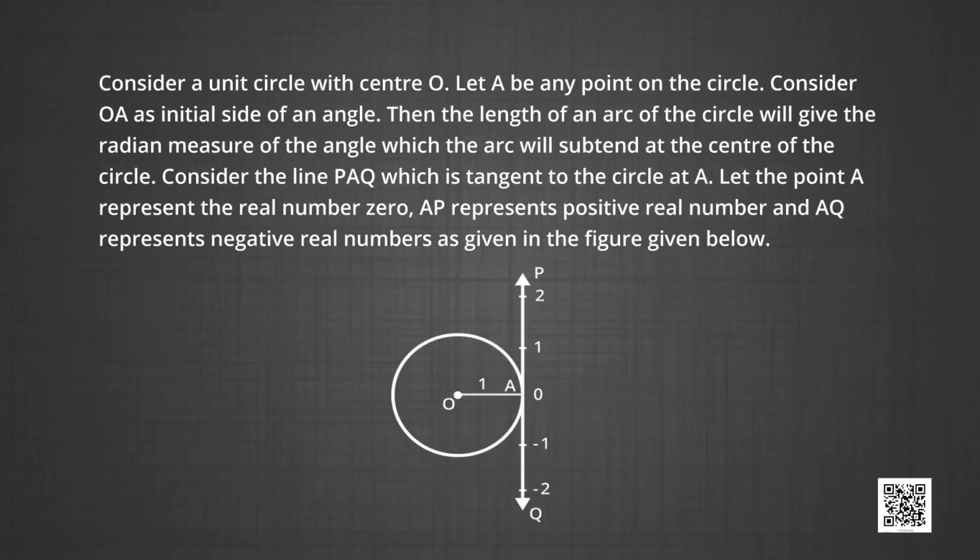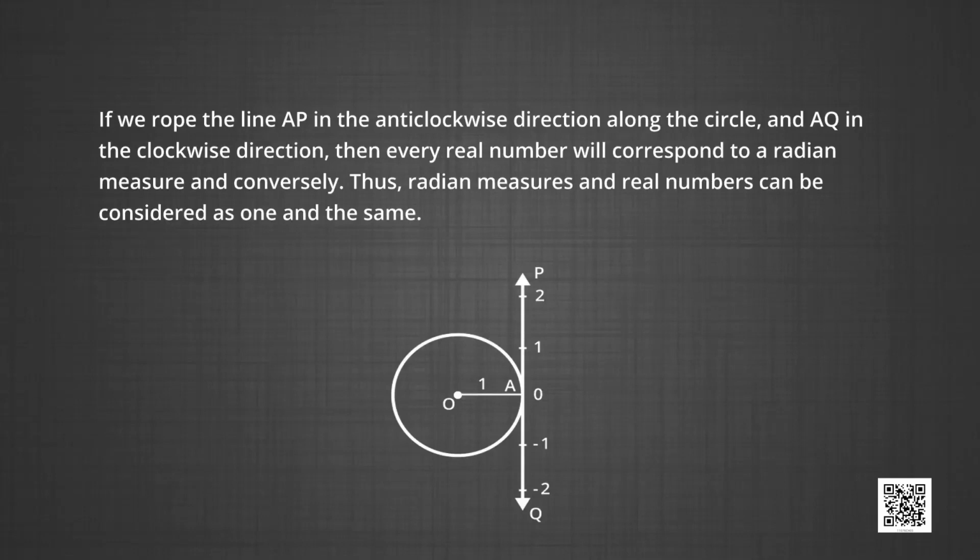AP represents the positive real numbers and AQ represents the negative real numbers, as we can see in the figure given below. Now, if we rope the line AP in the anti-clockwise direction along the circle and AQ in the clockwise direction, then every real number will correspond to a radian measure and conversely.